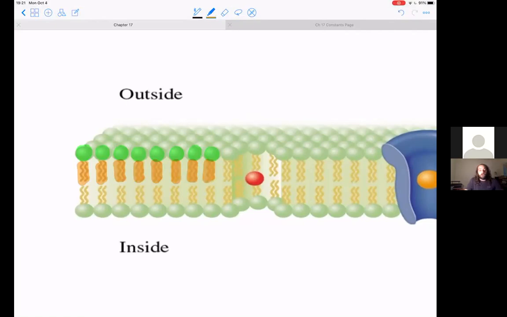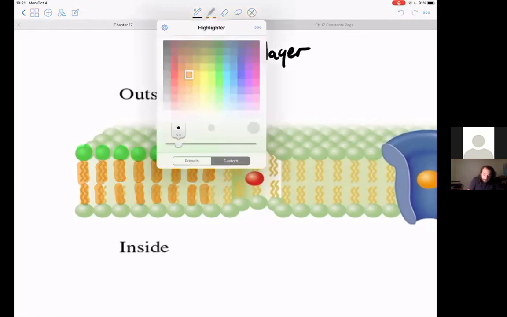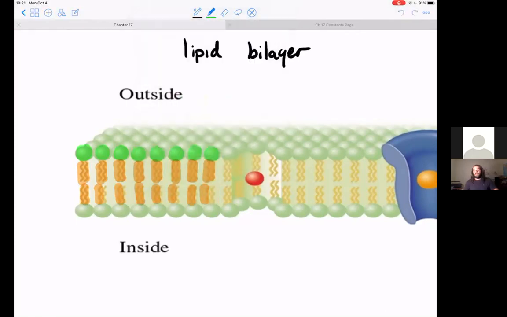So another word for membranes is lipid bilayers, because what we see are these phospholipids where the tails, the nonpolar ends, are touching. And then the polar ends are the ones that are actually touching the intercellular fluid, right? I mean, cells are mostly water, so mostly polar solutions.